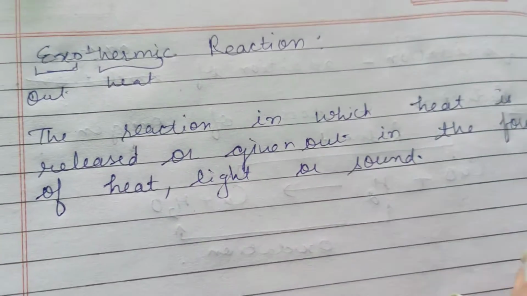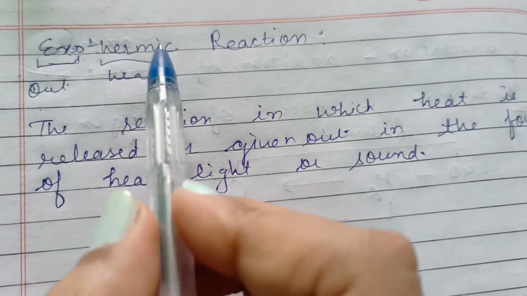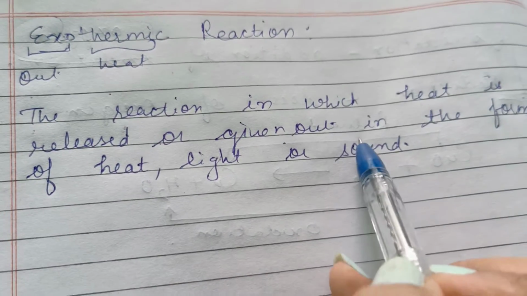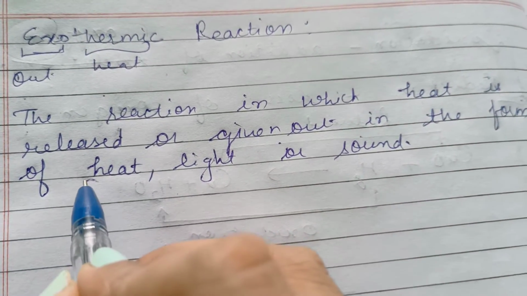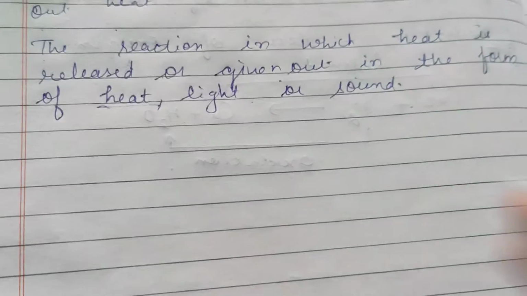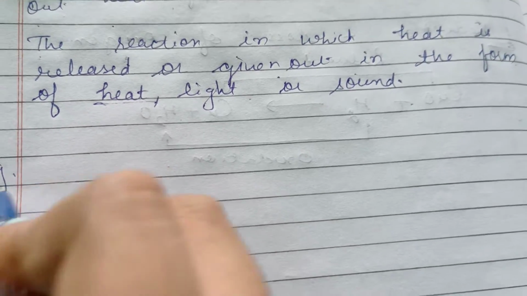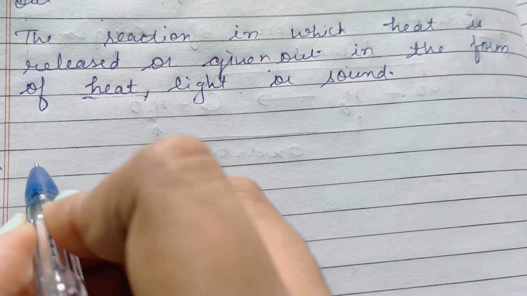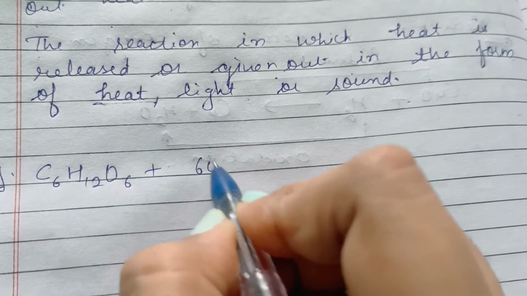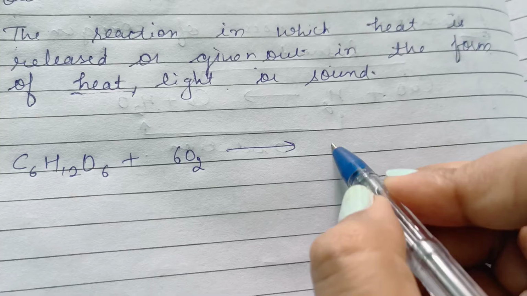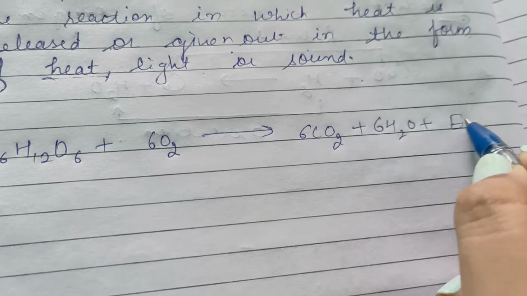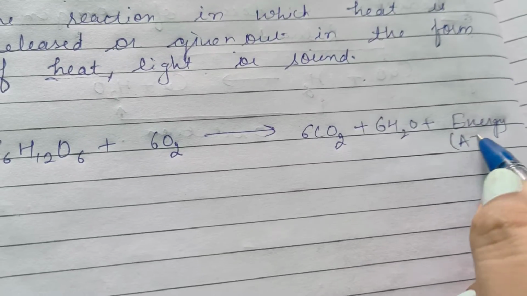So the reaction in which heat is released or given out, whether in the form of heat or light and sound. The example of this reaction is glucose plus oxygen react to give carbon dioxide plus water and plus energy in the form of ATP.